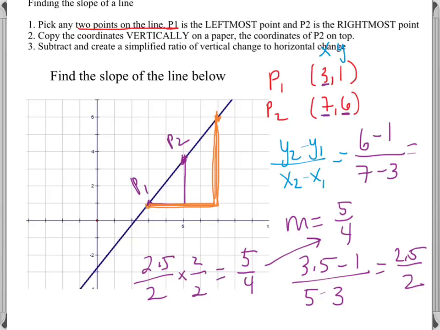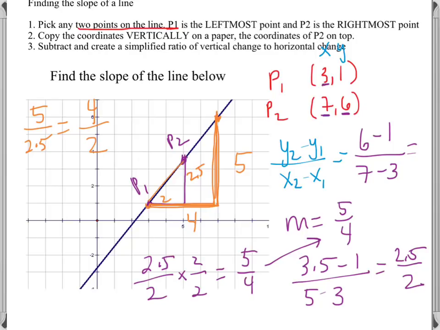Because this one has a ratio of 5 to 4 for the sides, and this is 2.5 over 2. So you can see that the ratio of side lengths are the same. Okay, the corresponding side length ratios are the same. 5 is to 2.5 as 4 is to 2, right? The numerators are always double the denominator.